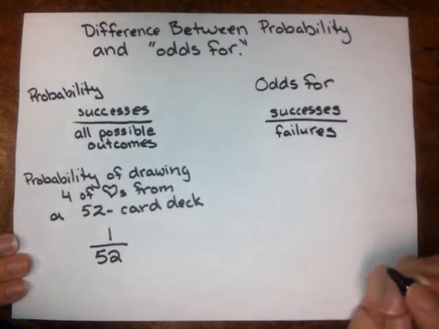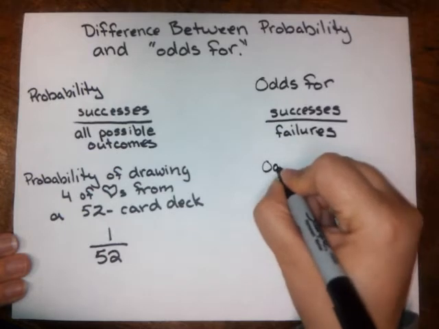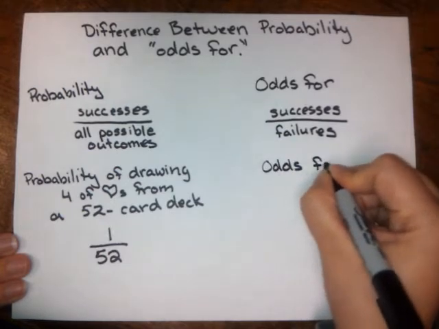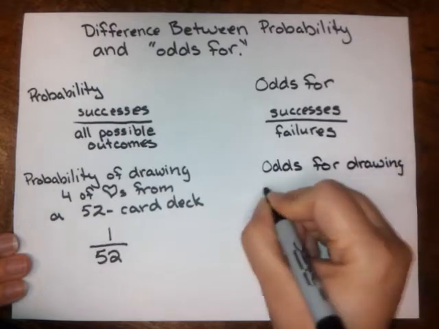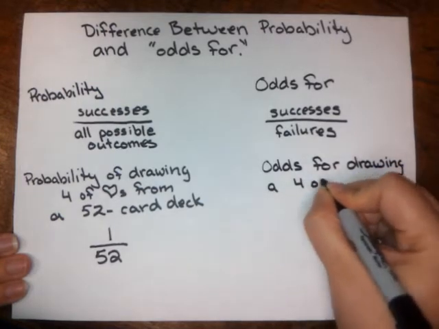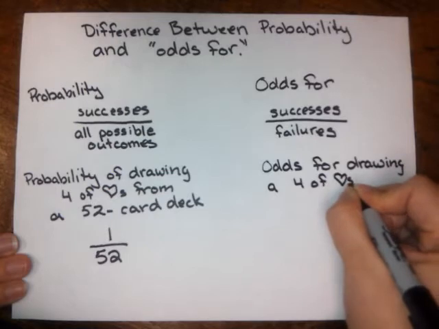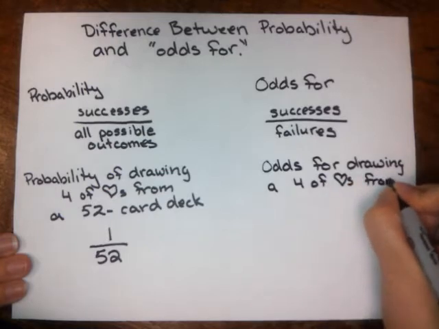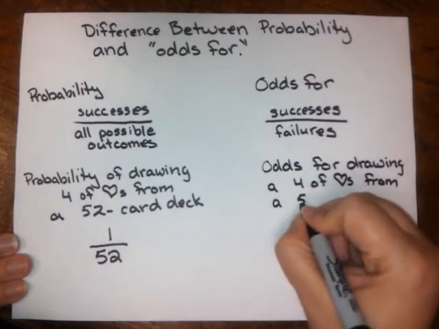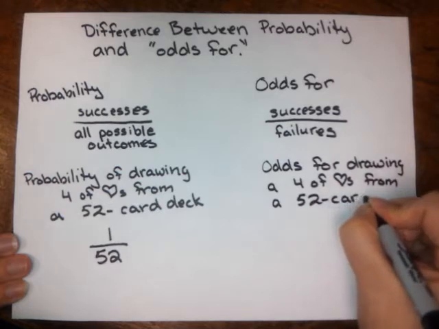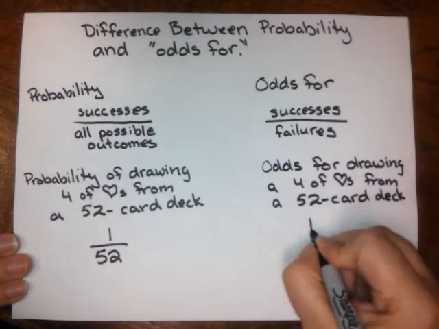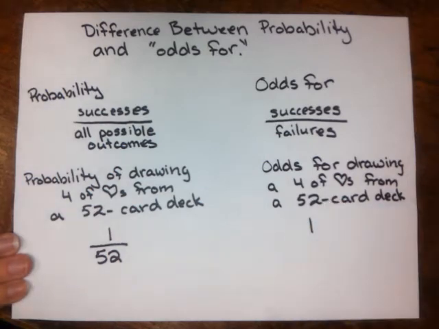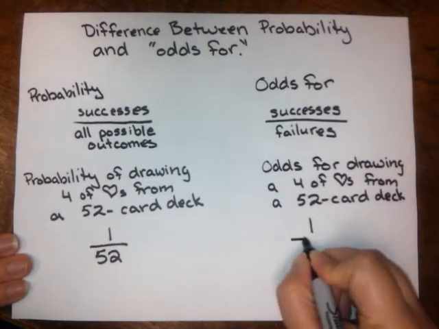All right, so in this case, odds for drawing a 4 of hearts from a 52 card deck, well, there's still one 4 of hearts in the deck. There's only one success possible.